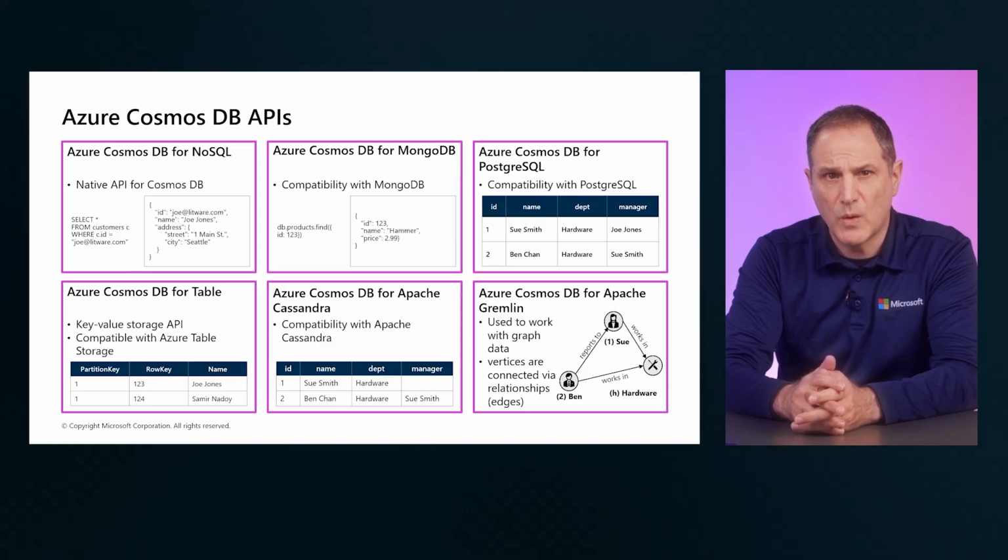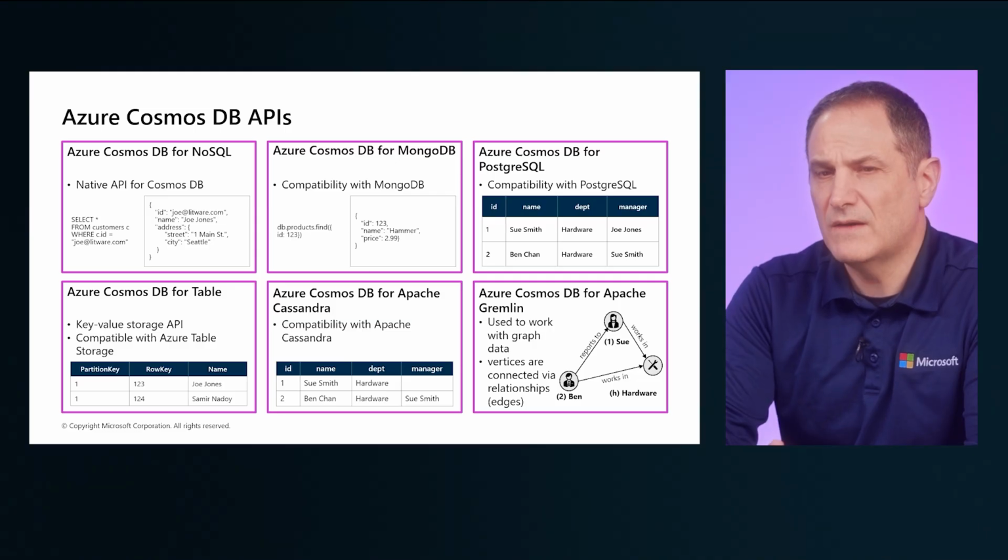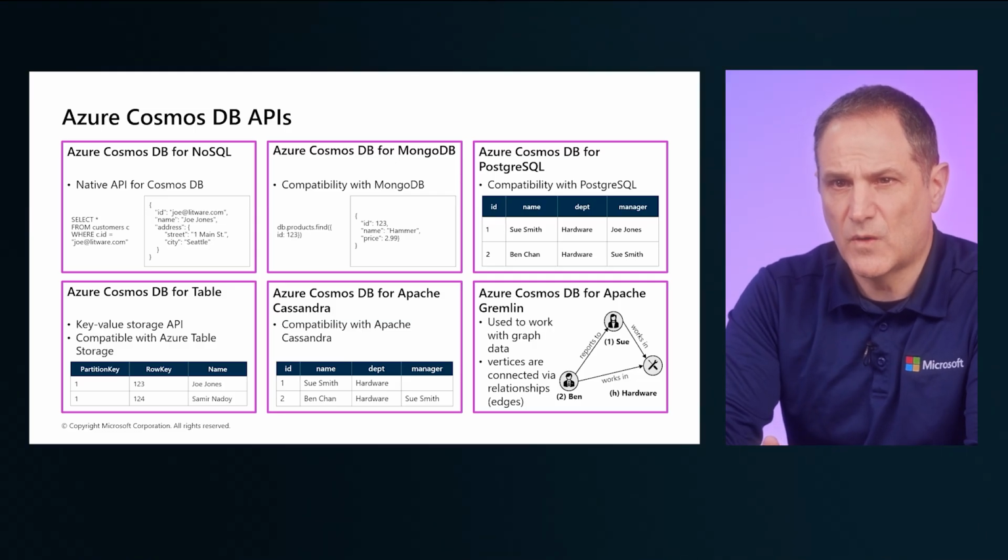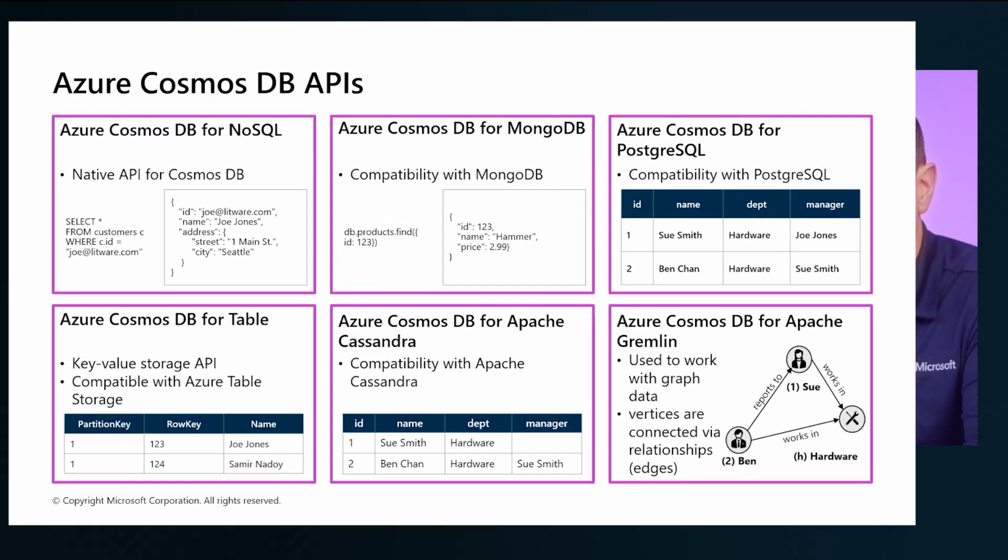MongoDB is a popular open source database in which data is stored in binary JSON, BSON formats. This Azure Cosmos DB MongoDB API enables developers to use MongoDB client libraries to work with data in Azure Cosmos DB.